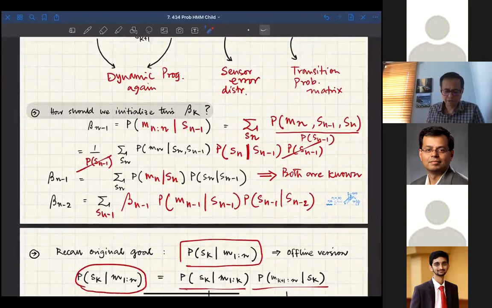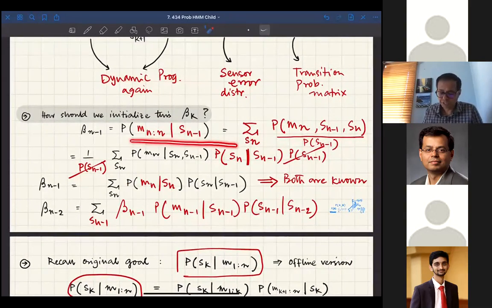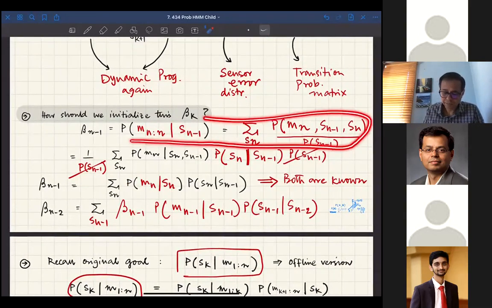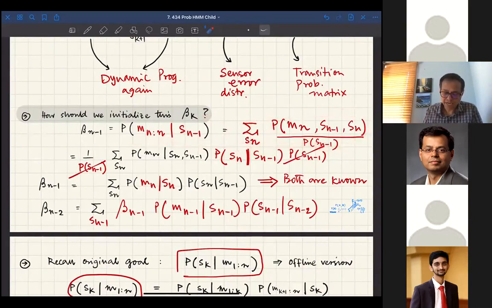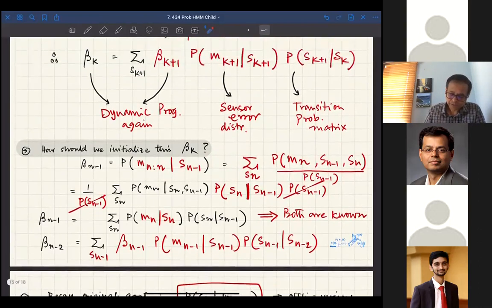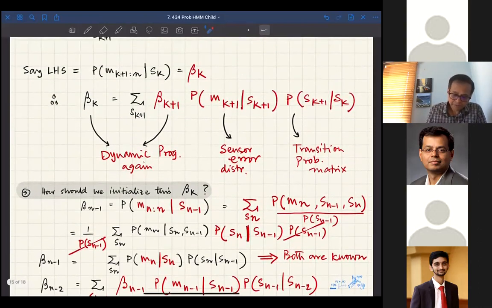Lucas, here is the way to look at it. I think all of the confusion starts here, because we do the marginalization here. So let's look at that slowly. Let's use blue. P of Mn given Sn minus 1.